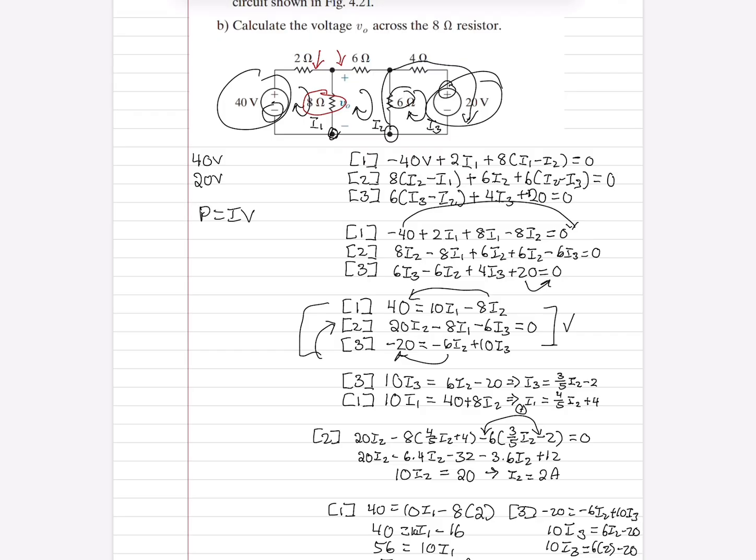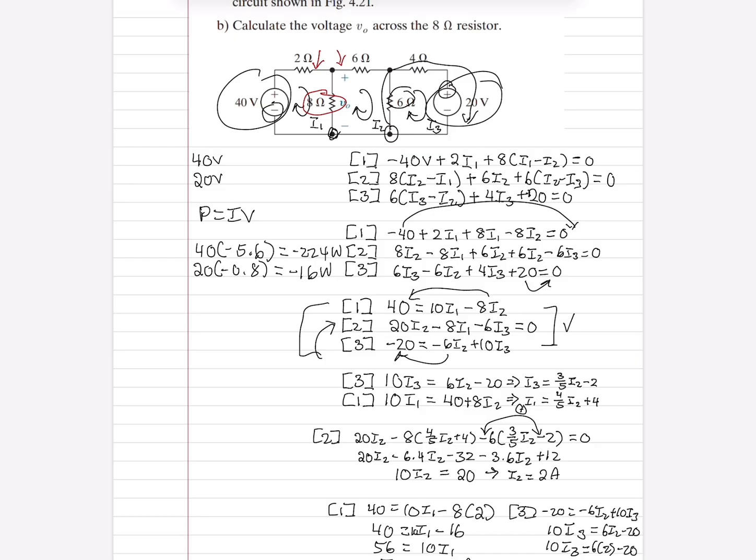That's the power equation. And then we have 40 times negative 5.6 equals negative 224. And then we have 20 times negative 0.8 equals negative 16.